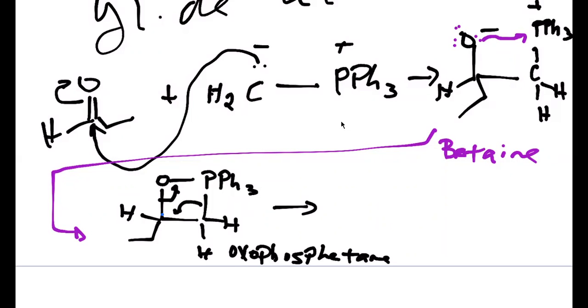Oxophosphatane. So once I break that down, or collapse it down, excuse me, you're going to get P double bond O. That's one of your products, plus alkene. It looks like this.